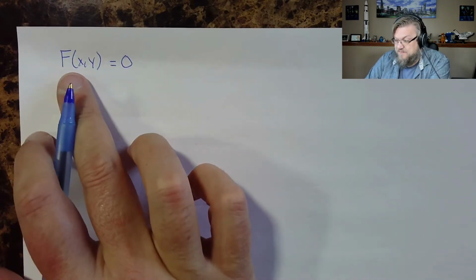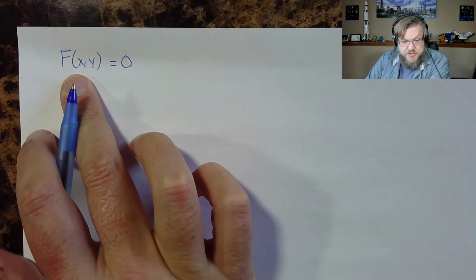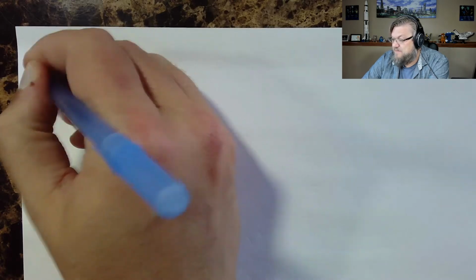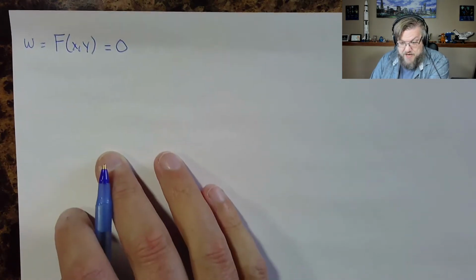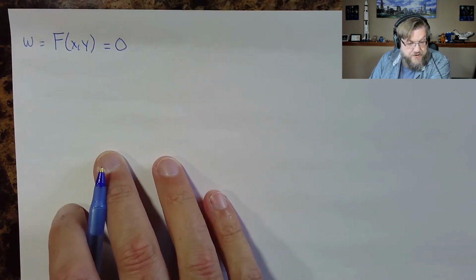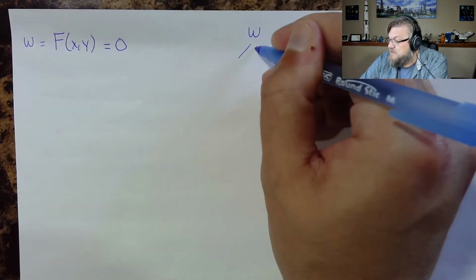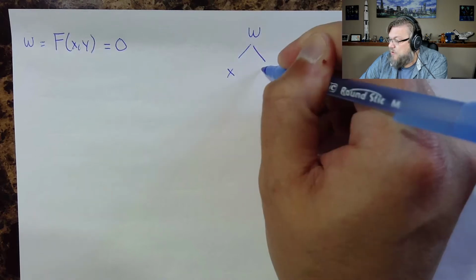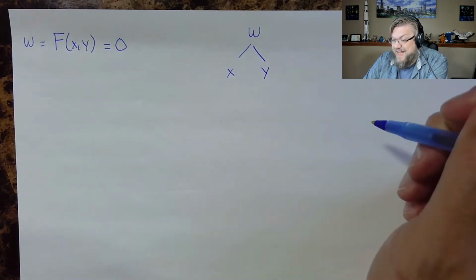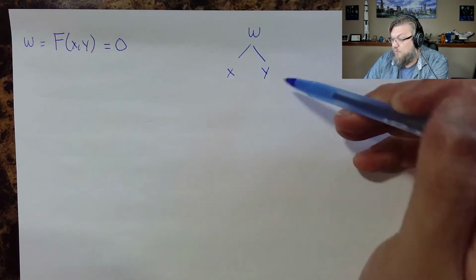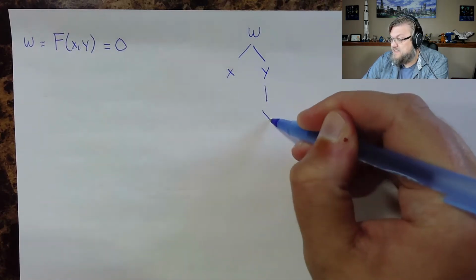Now, if I think of this as a function, what I can do here is let's call this capital F as w, and make a little tree diagram like we did at the end of the video last time. So we have w at the top of the chart. W is a function of x and y, right? And because we're still in the same scenario that x is an independent variable, we do know that y depends on x.